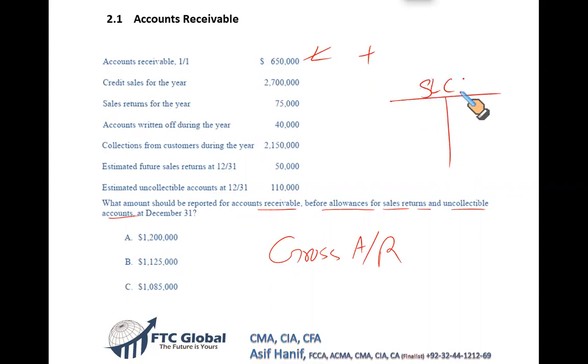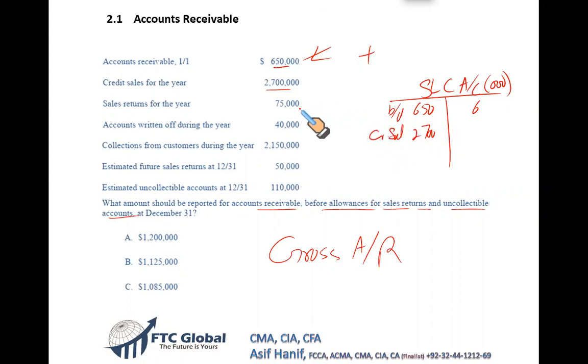Sales ledger control account. It has your opening balance, 650. Then the credit sales, I'm writing the figures in thousands. 650, 2,700 is the sale. This is the brought down balance. This is the amount for credit sales, 2,700. Shabash, Ahmad, very good.